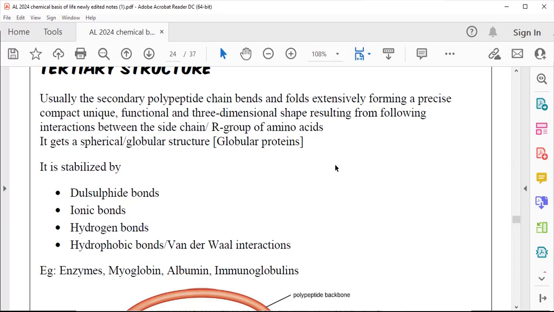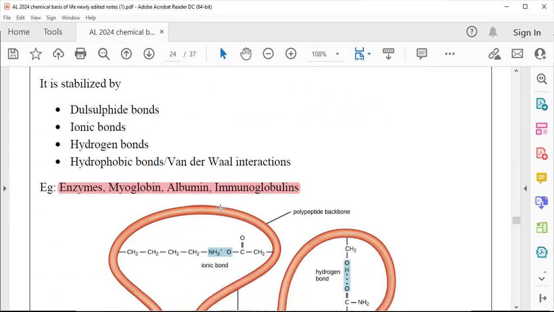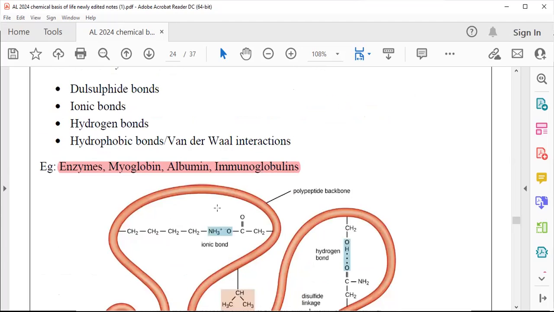Good. In the tertiary structure, these examples are there. Read these examples. Enzymes, myoglobin, albumin, immunoglobulin.